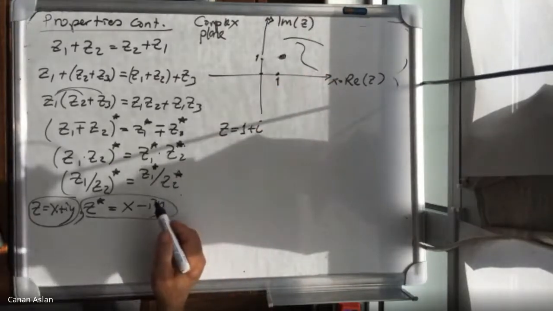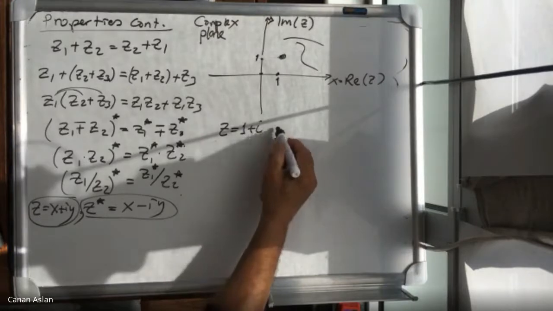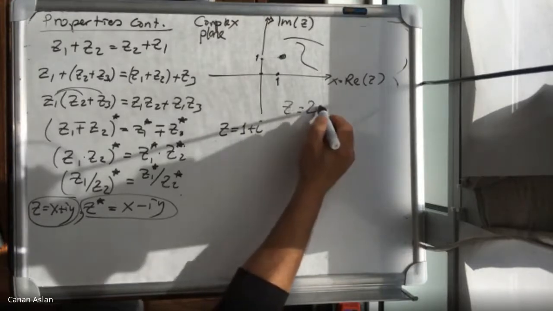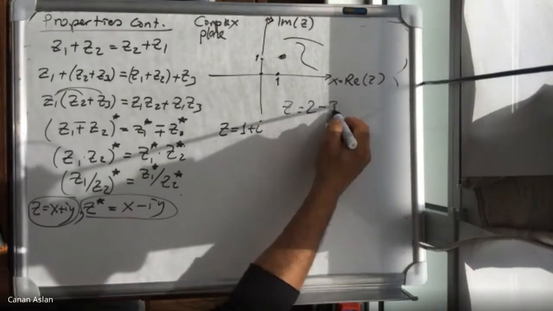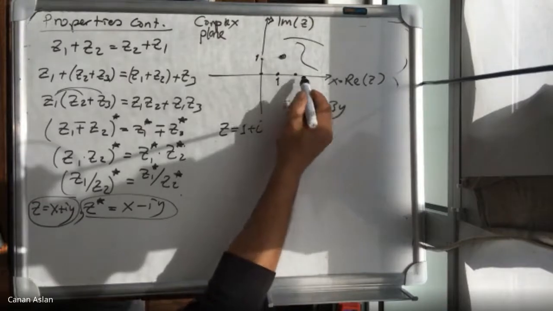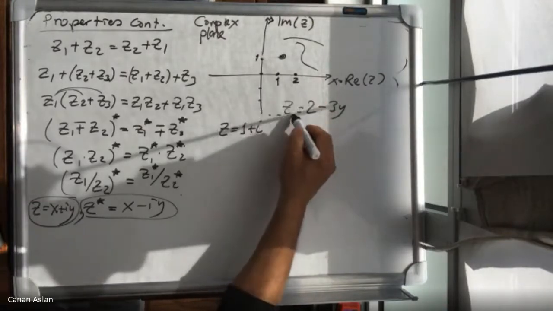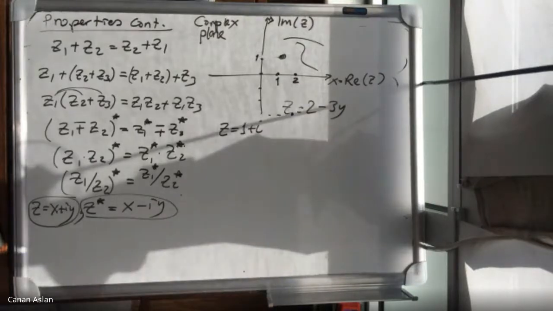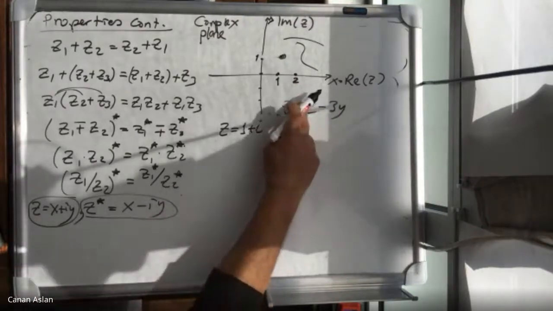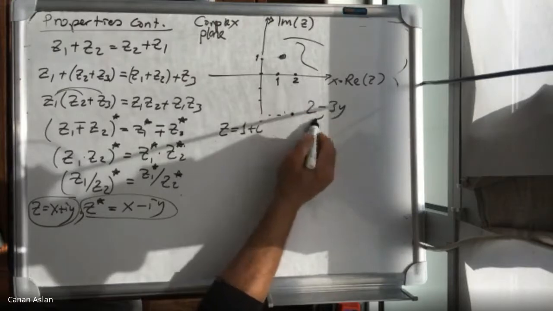Okay? So now there are some important properties of this thing. For instance, z equals 2 minus 3i is just here, 2 there, and then 3i is 1, 2, 3. It's just this point. So 2 minus 3i is just this point, okay?